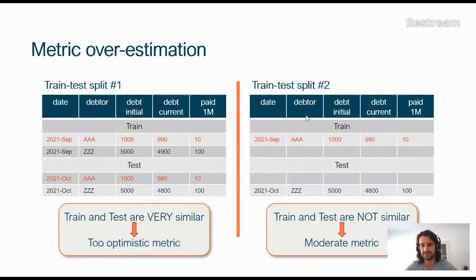In this case, we will achieve a bit lower, moderate metric, but it will be more fair, let's say. So I always prefer not to get the highest metric, but to make the life of the model as tough as I could.